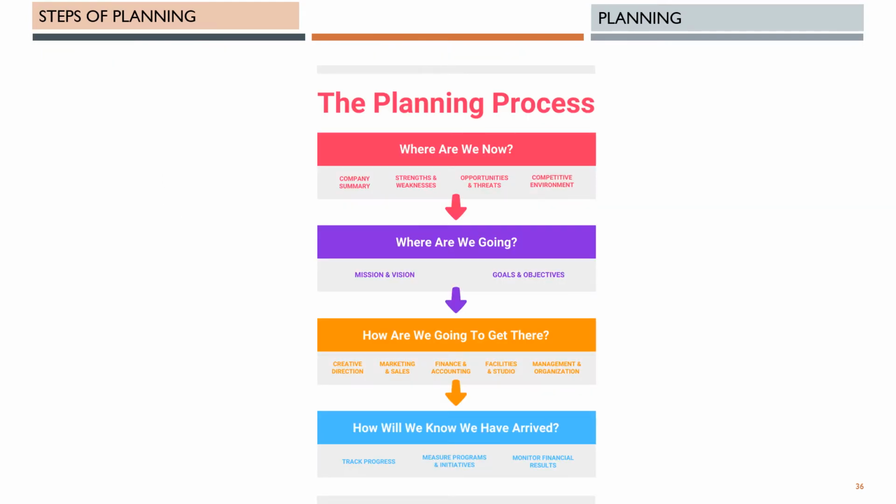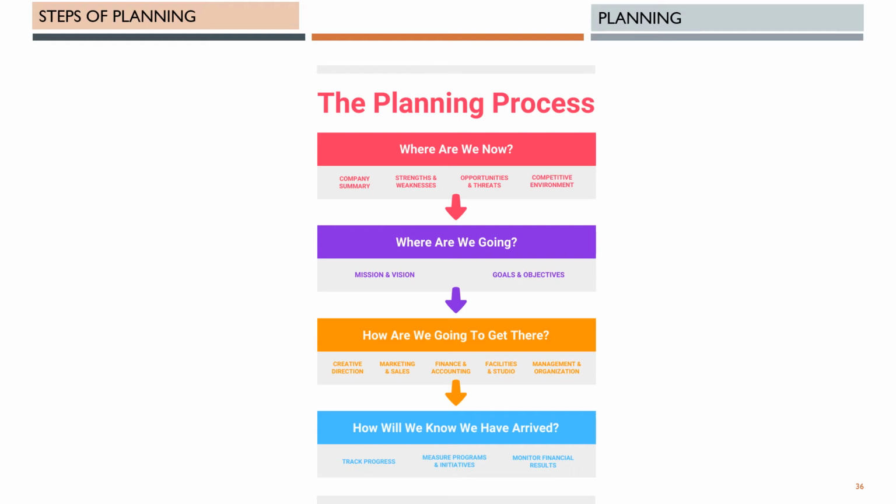So the planning process, when we do, first we have to look at where we are. So normally we look at the program summary or the organization summary, our strengths and weaknesses, opportunities and threats, and the competitive environment.